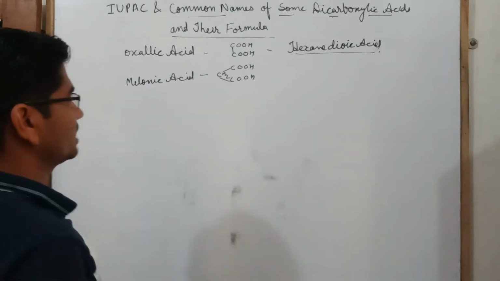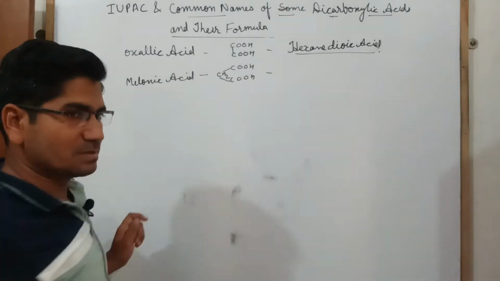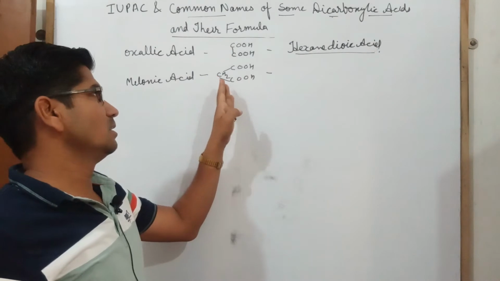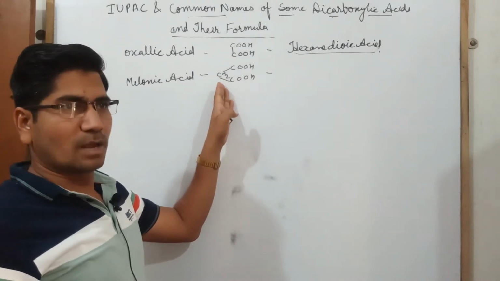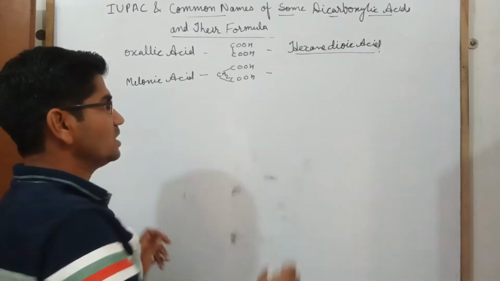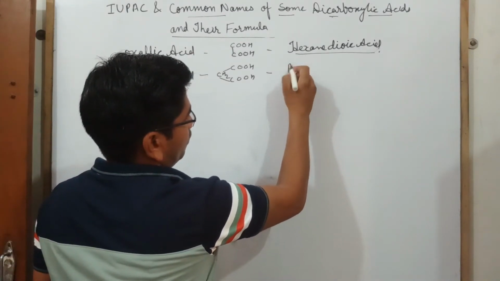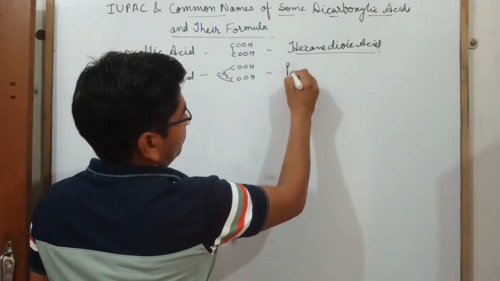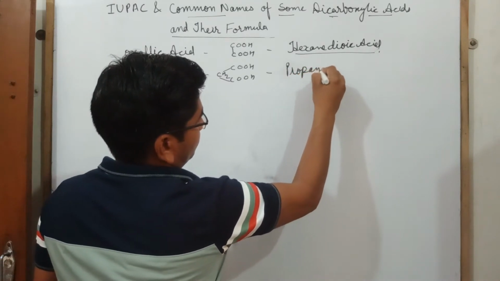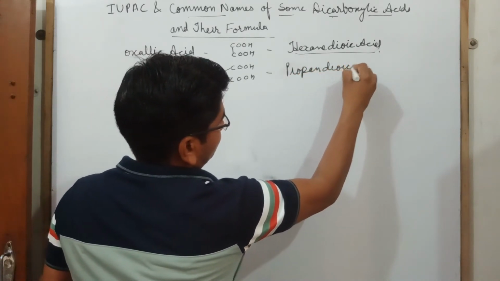So this will be malonic acid, and here you can see the total number of carbons is 3. So the IUPAC name of this compound will be propane dioic acid.